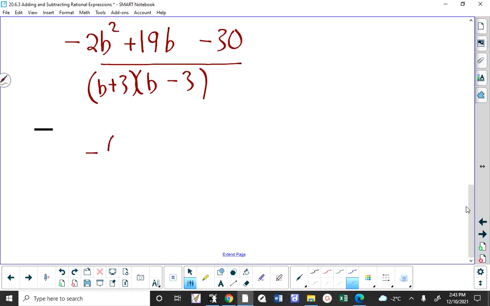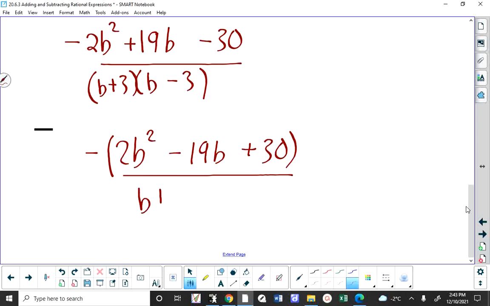So if I take out a negative, I get positive 2b squared minus 19b plus 30 over b plus 3, b minus 3. Now, think about this. After all of this, do you agree that it would actually be pretty lucky if this was factorable?